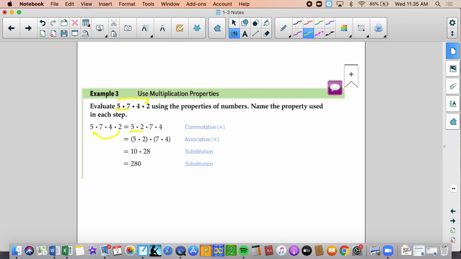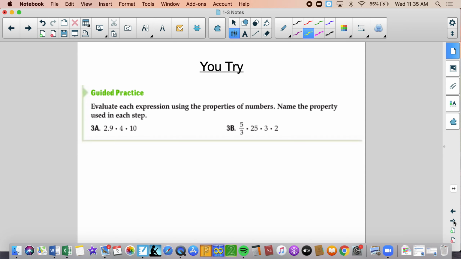That is the commutative property of multiplication. Excellent. And then I want to multiply these groups, and that is the associative property of multiplication. And then once I multiply 5 times 2, I'm going to substitute it with 10, and 7 times 4, I'm going to substitute it with 28, and then 10 times 28 gives me 280, and I'll substitute that.